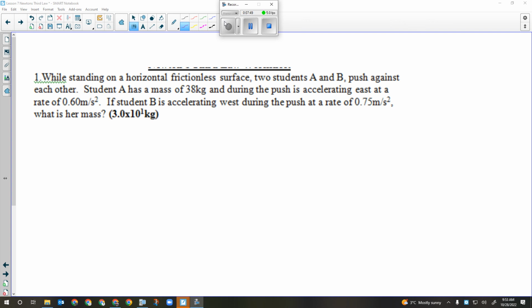Okay, in order to solve this question, what do I need to know, or what do I need to understand? Surface is frictionless. What else? They push against each other. What's the nature of the forces?